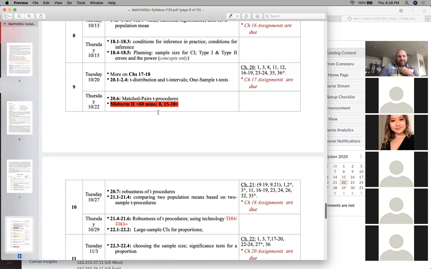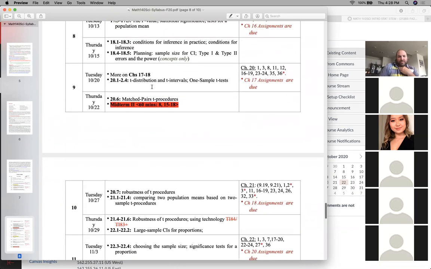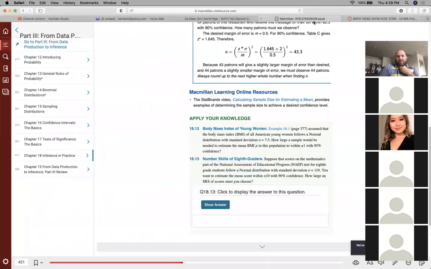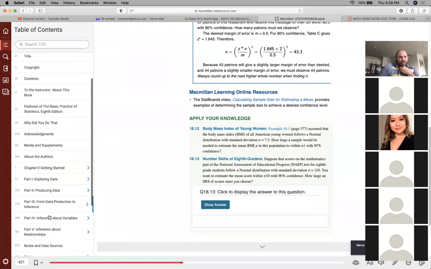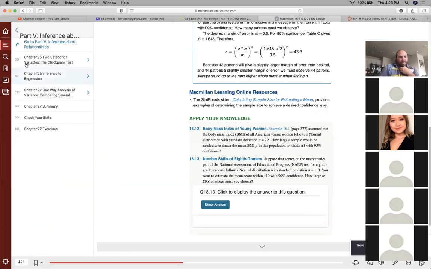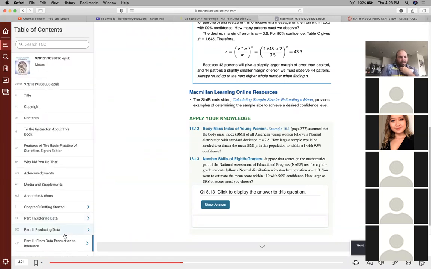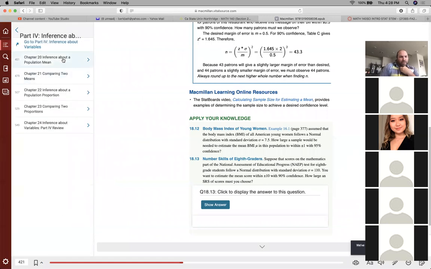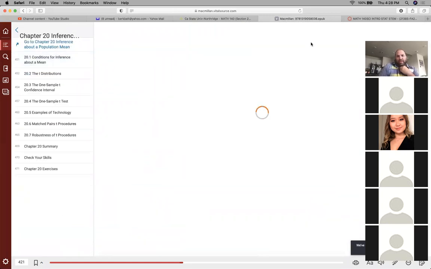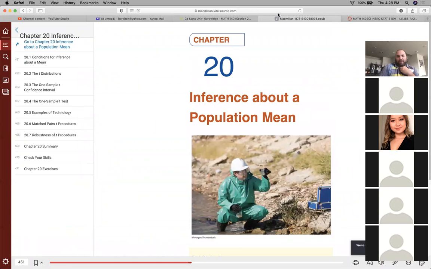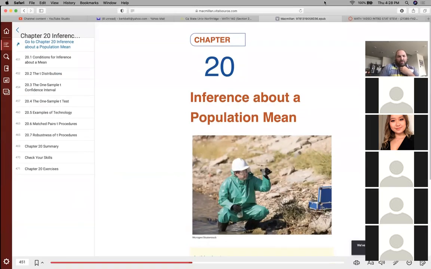Actually, let's see, 17, 18, and they've started chapter 20. So let's jump ahead to chapter 20. And we're actually not that far behind anymore, so that's nice.